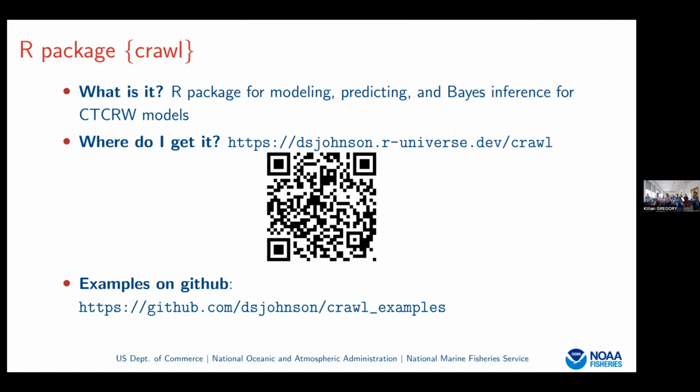They go about it a little differently in that they specify the discretization ahead of time and fit a discretized version, but it's the same underlying model. crawl is on CRAN now, but Josh and I decided to drop it off CRAN and keep it on our R-universe site. So whenever someone at CRAN tells me it doesn't work anymore, it'll go away from CRAN, but it'll still be there.